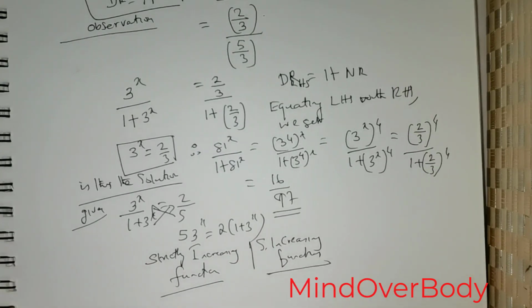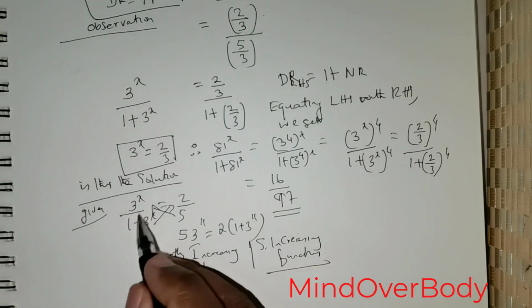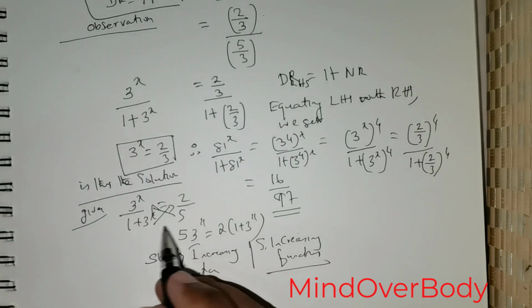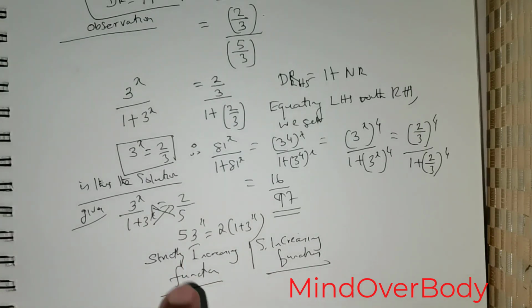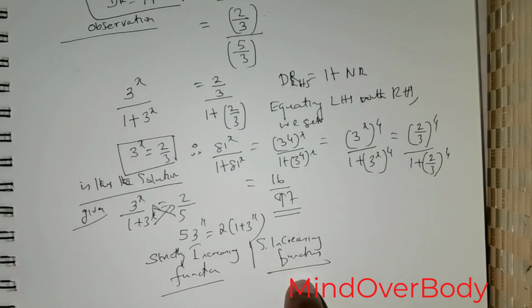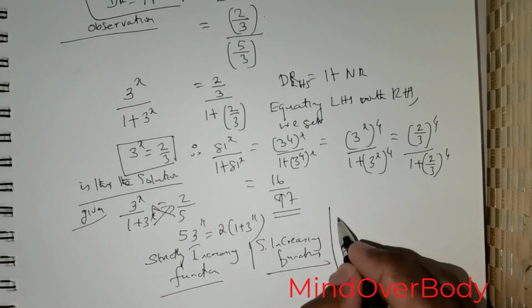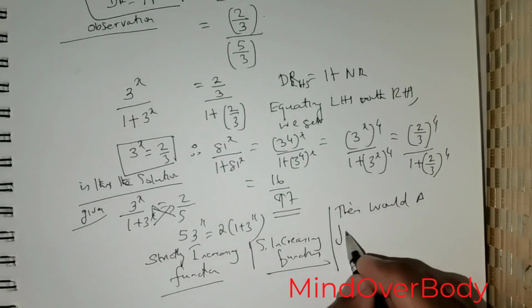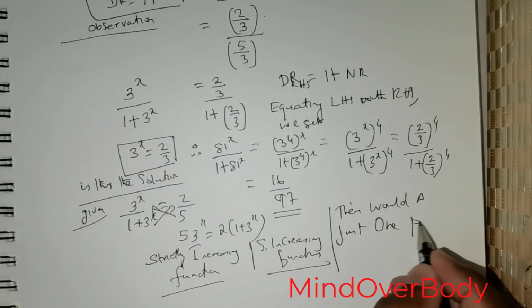Now if these two functions were to meet, because of the fact that they have been given like that, 3 raised to the power of x divided by 1 positive 3 raised to the power of x is equal to 2 over 5. Now if these two strictly increasing functions were to meet, then they would meet at just one point.